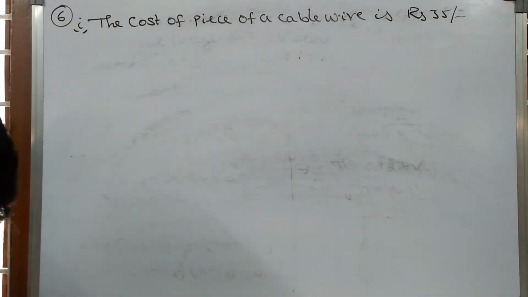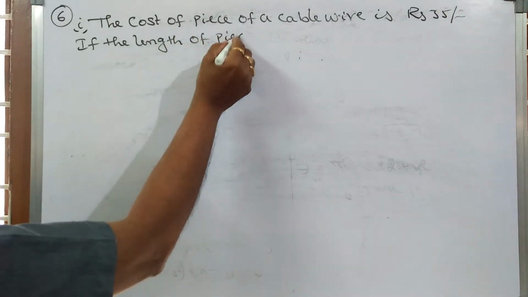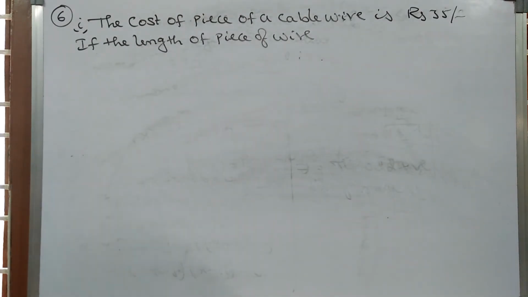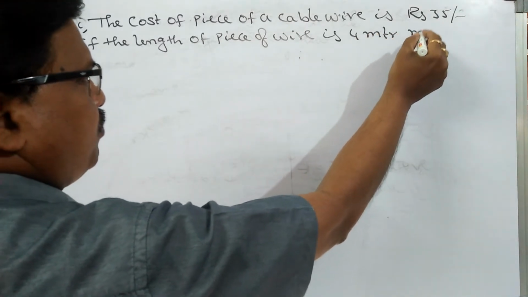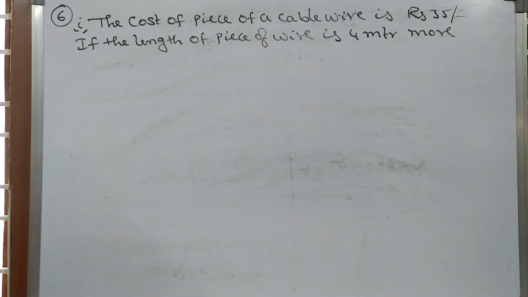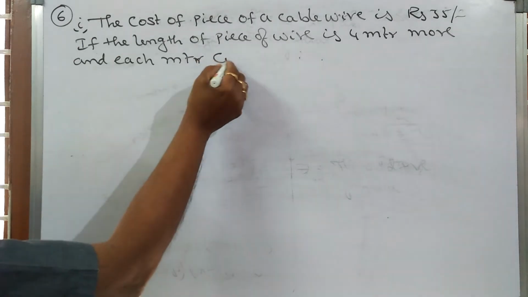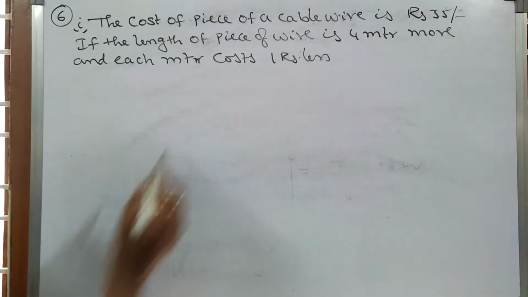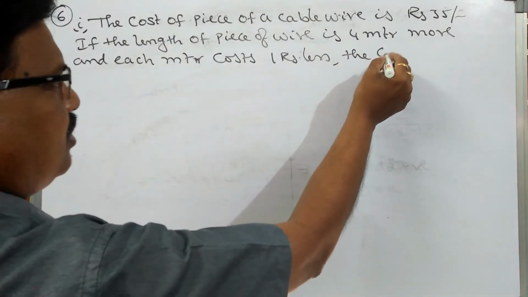If the length of the piece of wire is 4 meters more and each meter costs 1 rupee less, the cost would remain unchanged.